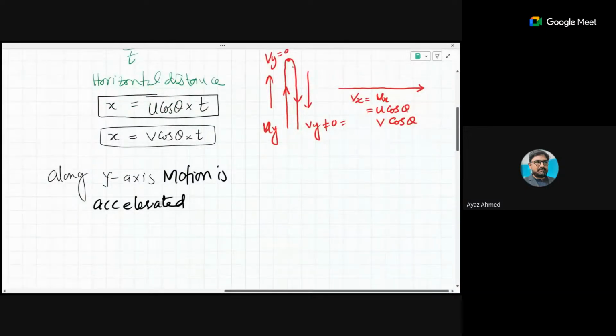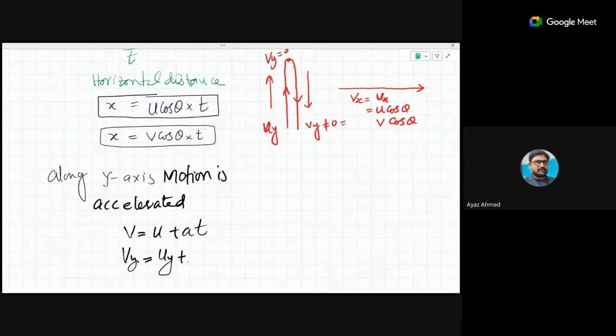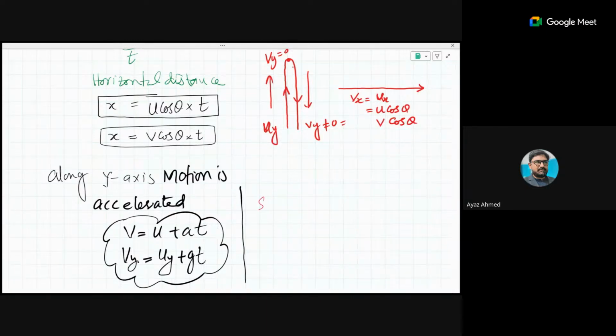So what equations of acceleration do we have? We have v = u + at. Here v is basically vy, here it is uy, and that equals g times t. This is one of the equations which can be used along the y-axis. Then the other equation is s = ut + 1/2 at square.